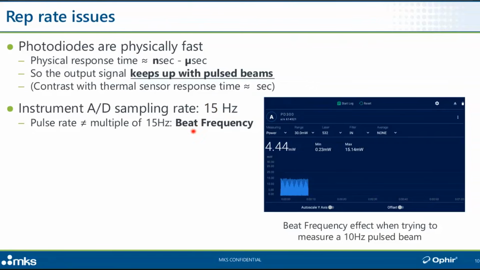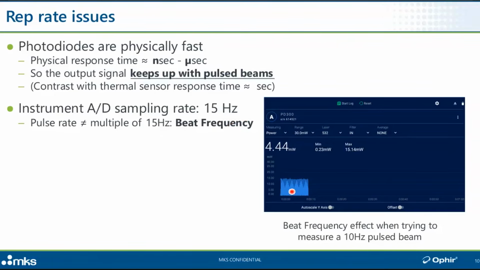We're going to get a beat frequency because of the meeting between these two frequencies. In this case, 15 hertz sampling of a 10 hertz signal. And remember, the signal coming out of the photodiode is also going to be going up and down at 10 hertz because the photodiode has no problem keeping up with the pulse rate. So on a display using a moving line graph, just so you can see the problem, we're going to get the measurement output jumping up and down at the beat frequency, which is going to be the difference between 15 hertz and 10 hertz.